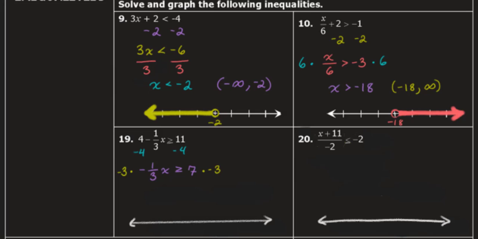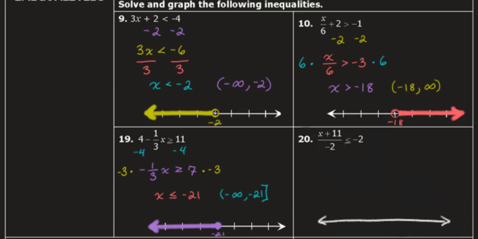Negative 3 times negative 1/3 cancels, leaving us with just x. Because I multiply by negative 3, I need to flip the sign. Negative 3 times 7 is negative 21. Graph. The least possible value is negative infinity with a parenthesis, to negative 21 ends with a bracket.